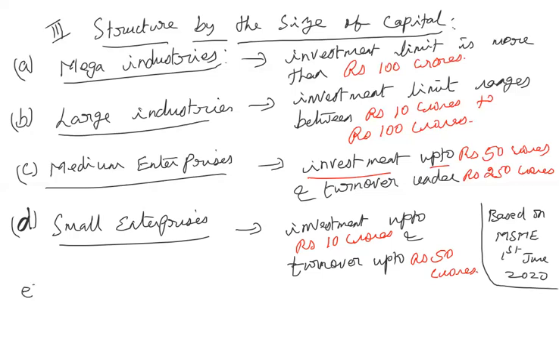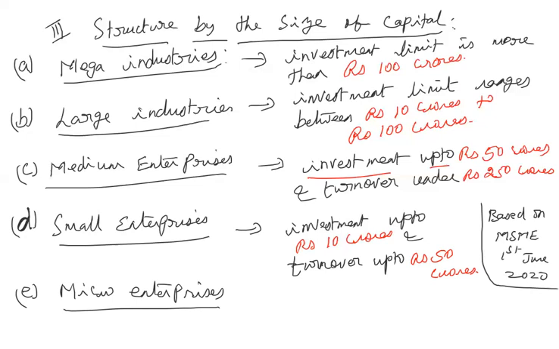And then next we have the micro enterprises. The name itself says it is micro. That means the capital limit is very, very less. Now you can understand why it is called mega industries, large industries, medium, small, micro, because the capital limit keeps on decreasing.